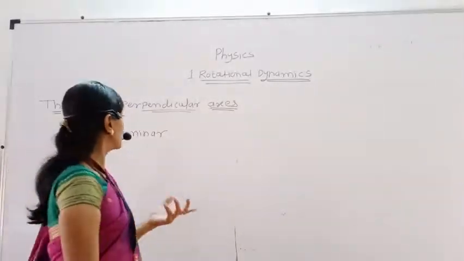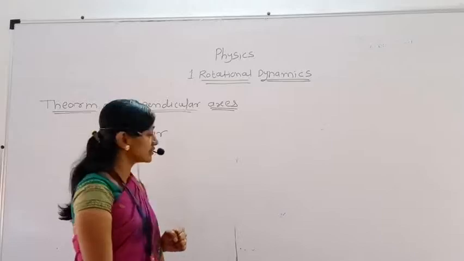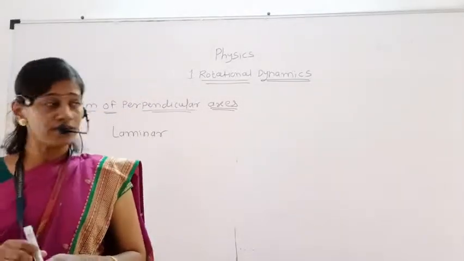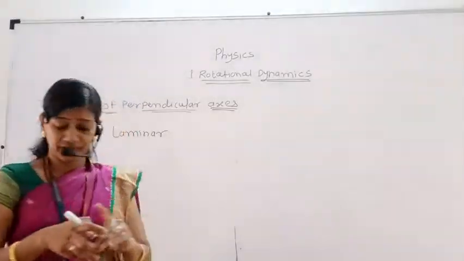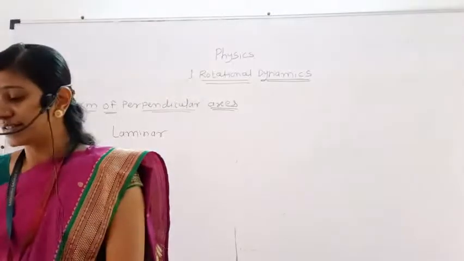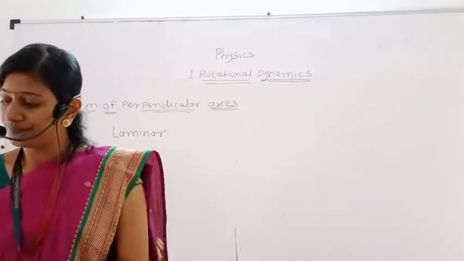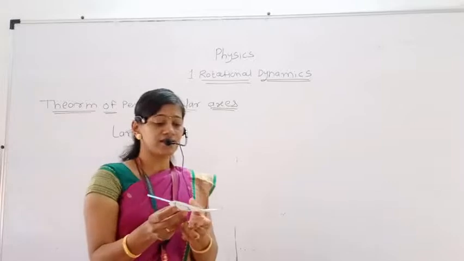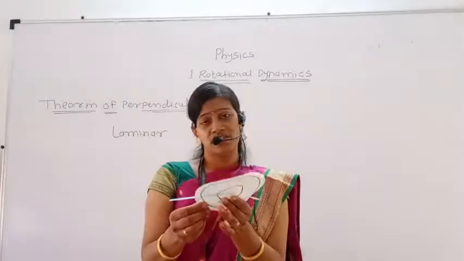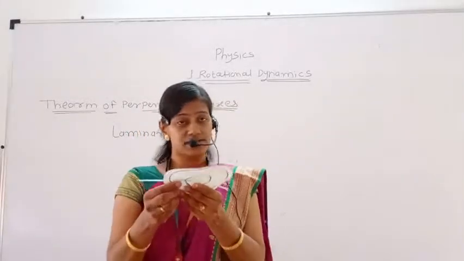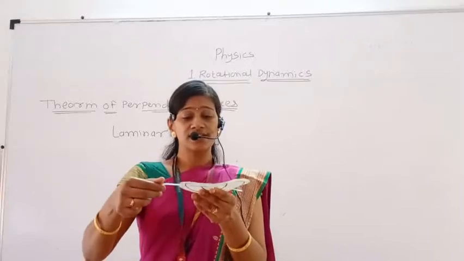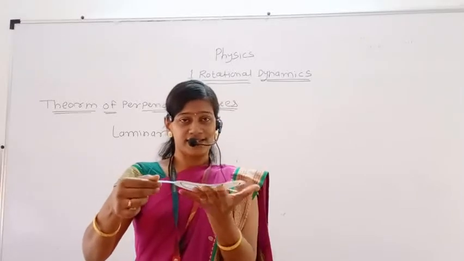Now here what we have to learn is the perpendicular axes. I will show you the structure of the axes. See here. If you are paying attention, I have a paper sheet. Don't think about its shape, it is a sheet. See, it is one of the axes.